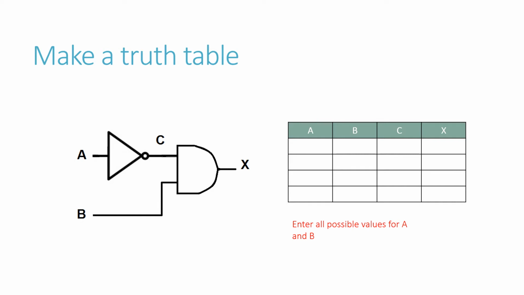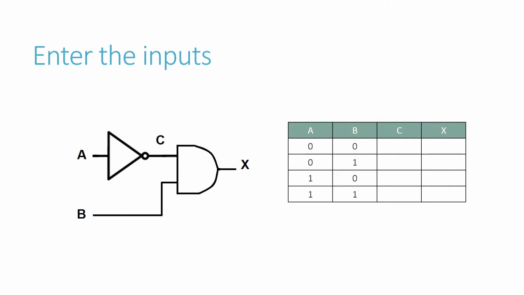Now we've got to enter all the possible values for A and B. A and B are the inputs to the circuit, and the truth table must show all possible combinations of A and B. A and B are independent of each other. That means that if A is 0, B can be 0 or 1. So the 4 combinations are 0,0; 0,1; 1,0; and 1,1.